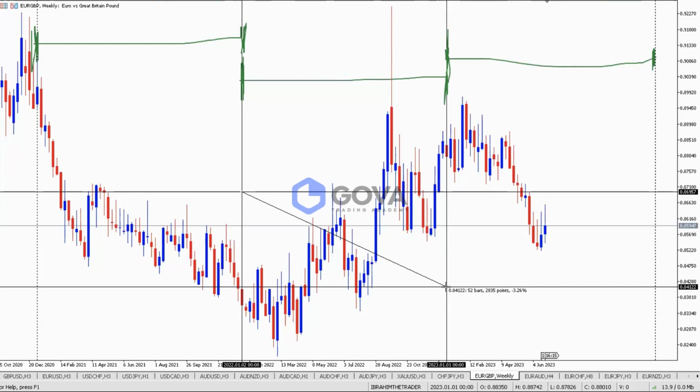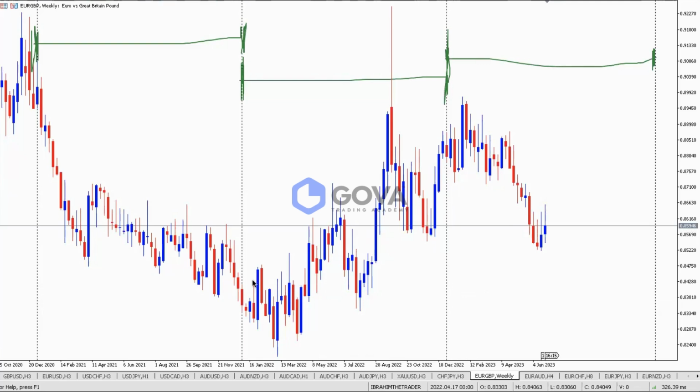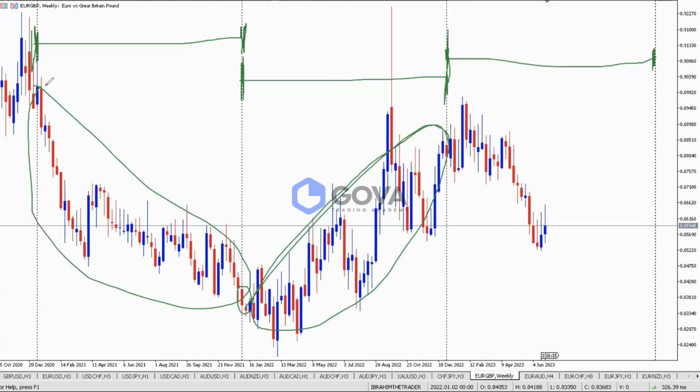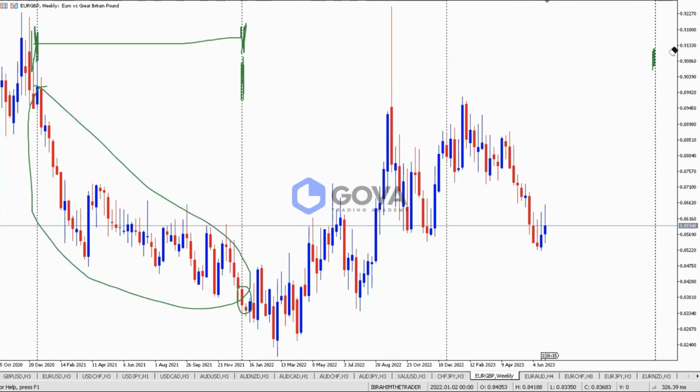That's a 1 year period, so the market has been playing out from here all the way to this area in 1 year. This area is also a 1 year period, and so on and so forth.